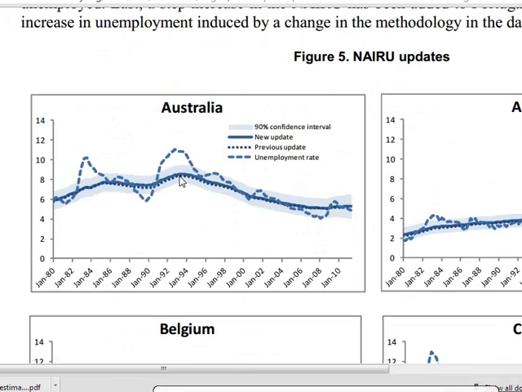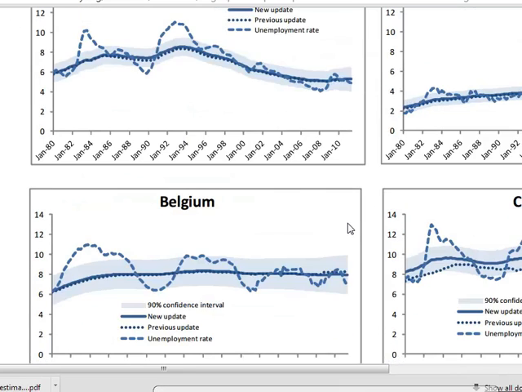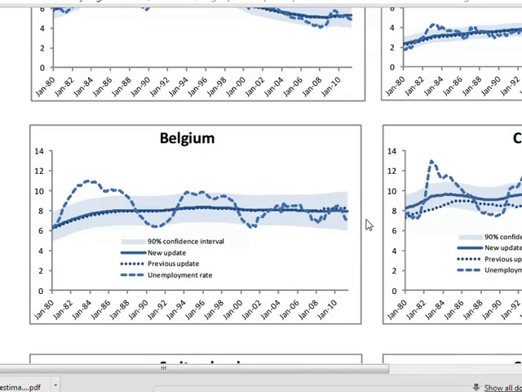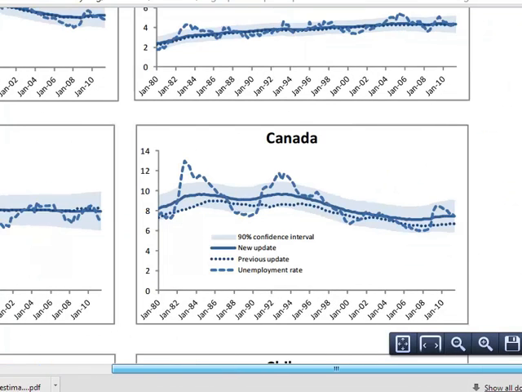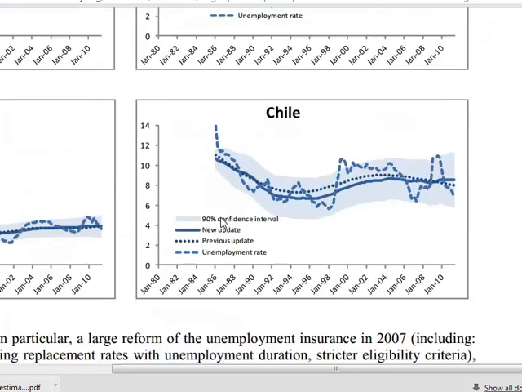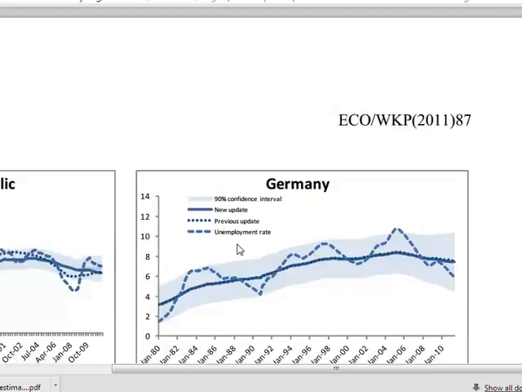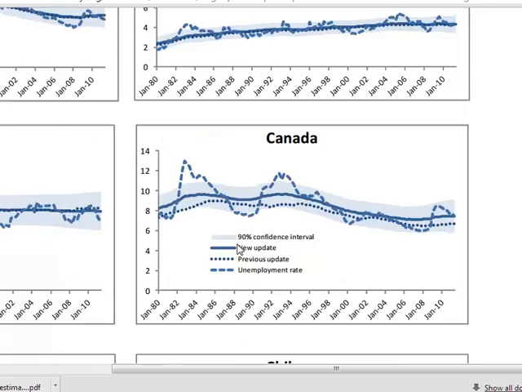And maybe it's gotten as high as 8%, and now they think, eyeballing it, around 6%. Notice that different countries, so Canada, our neighbors to the north here, have a relatively high estimate, at least in the late 80s, of what the natural rate of unemployment is.